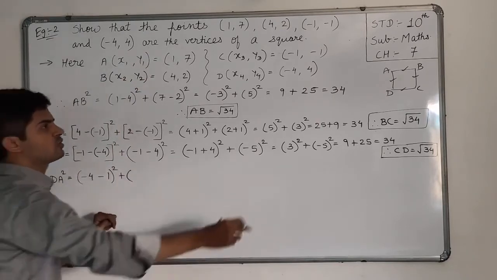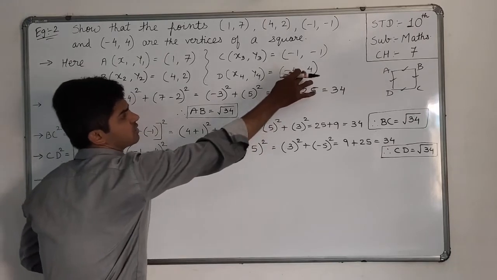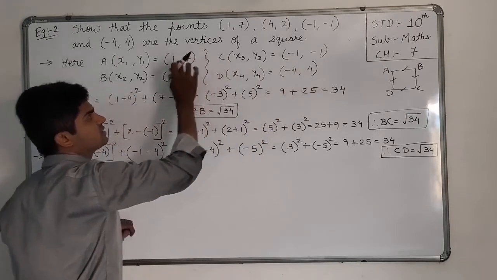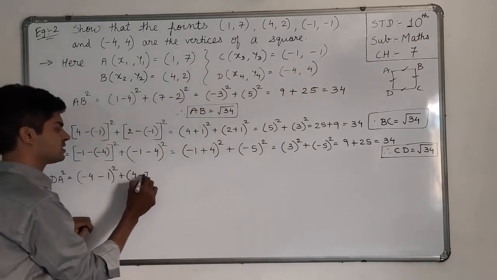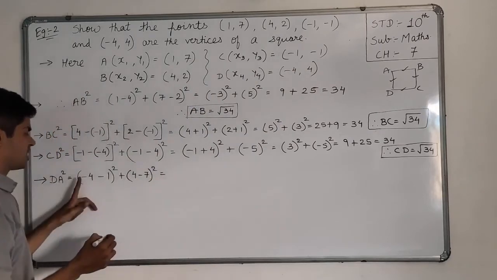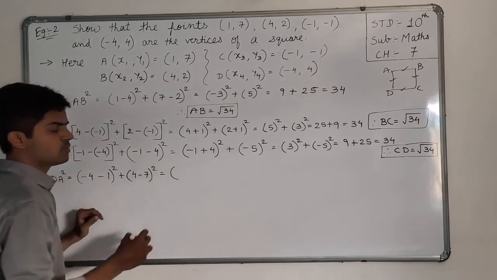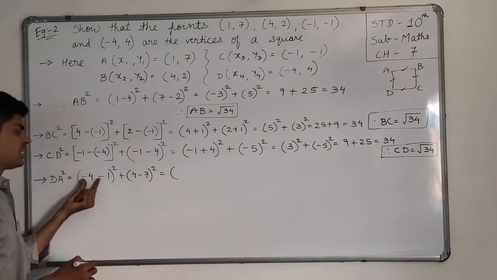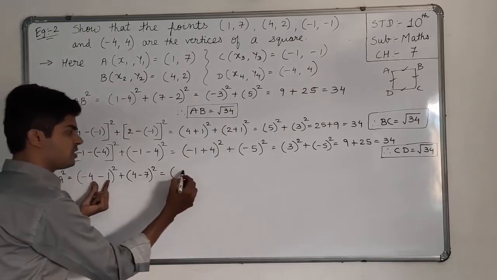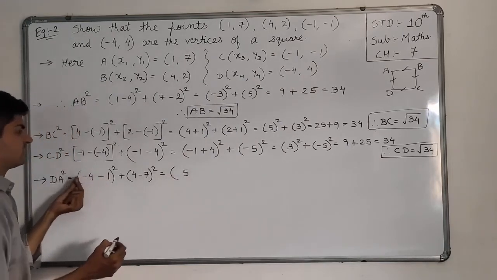Now second one, second minus second. So second here is 4 and here is 7. So 4 minus 7 whole square. Okay, -4 minus 1, minus minus addition. 5, bigger number sign, bigger is 4 and its sign is minus.